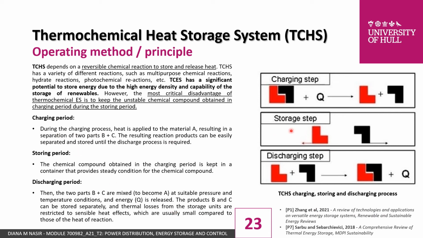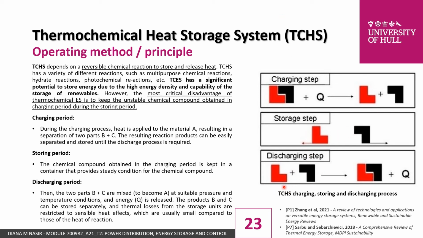During the charging period, first we have to apply heat, which is Q, to A, which causes A to separate into two parts, which are B and C. Both parts will be separated and stored until the discharge process is required. So definitely, we need containers to keep both chemical compounds.